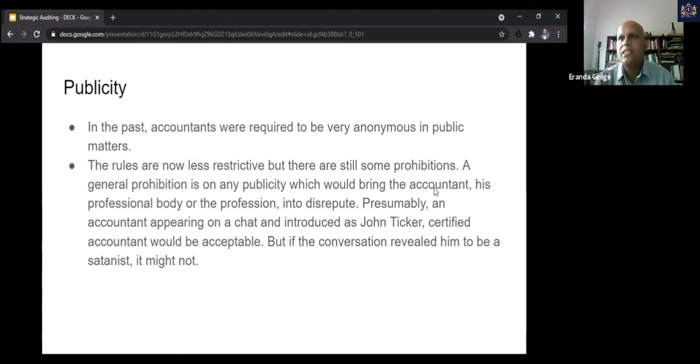We did see accountants and accounting firms writing about it, but they never made comments about the governor or the government's decision. They just gave the numbers, and that was it, right?